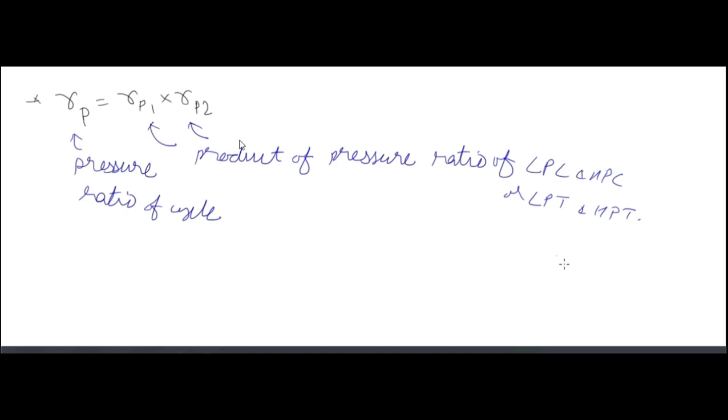The product of both would be the overall pressure ratio for intercooling. If it's the overall pressure ratio for reheating, then it would be the pressure ratio of the low pressure turbine times the pressure ratio of the high pressure turbine. So this formula shows that the pressure ratio for the intercooling cycle or reheating cycle is equal to the product of the pressure ratios of LPC and HPC, or LPT and HPT, respectively.